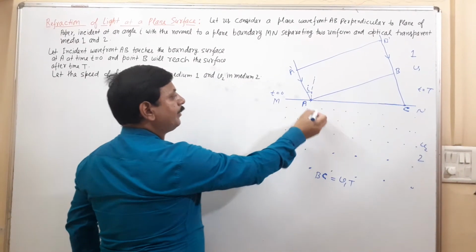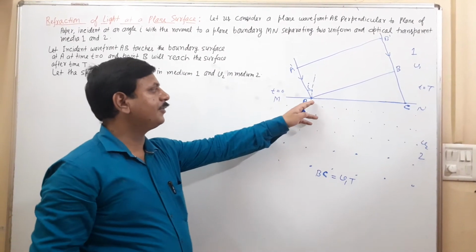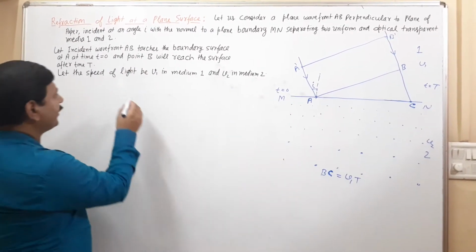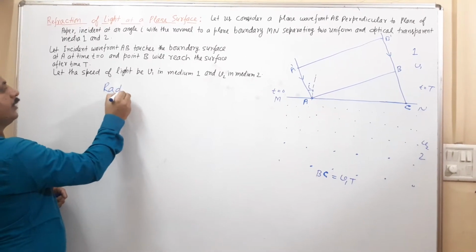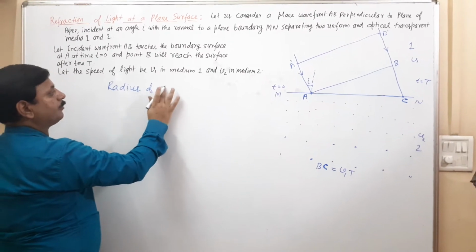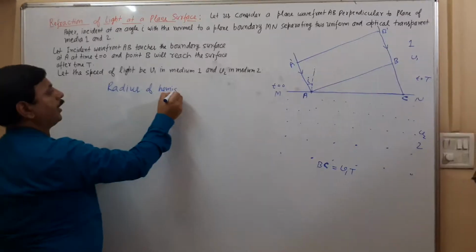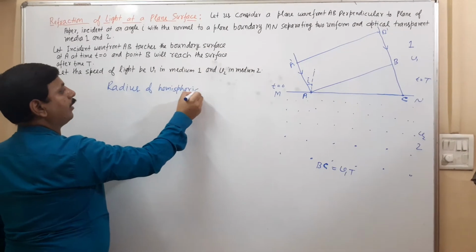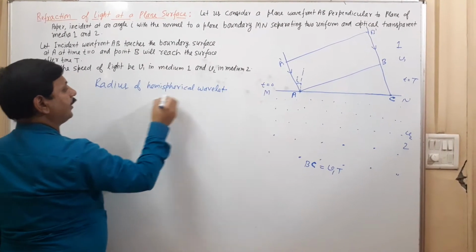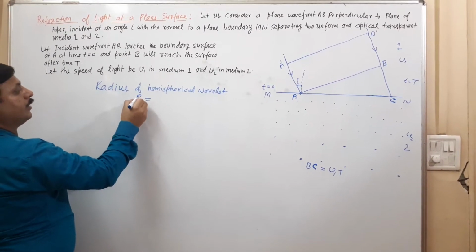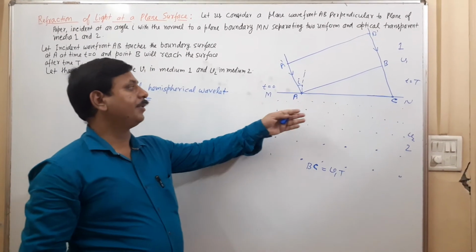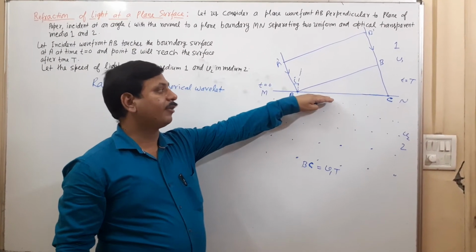See here, in time t, what will be the radius of the hemispherical wavelet emitted from source A? In the previous lecture we saw a reflecting surface.